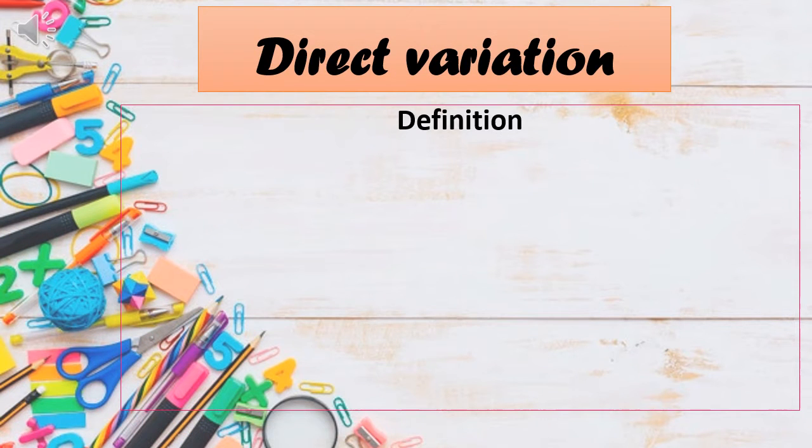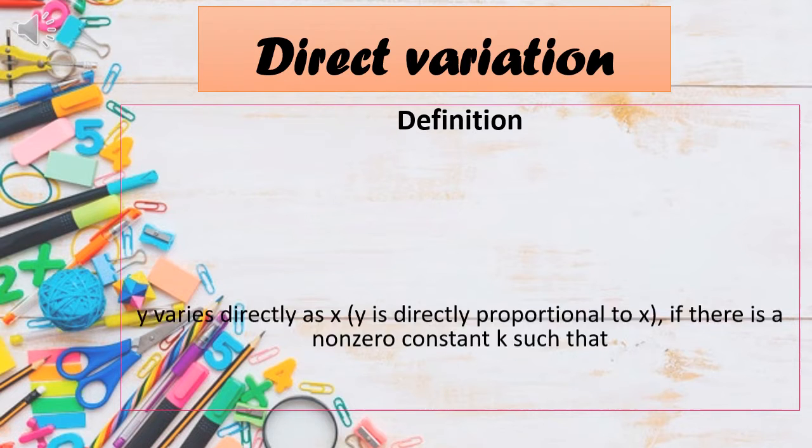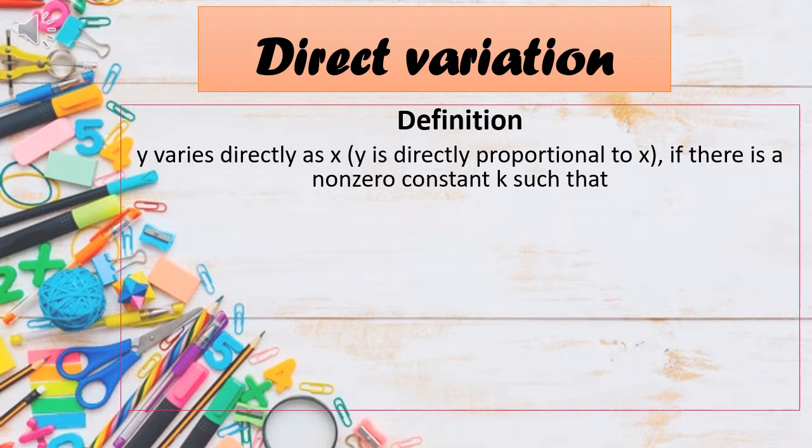So students, in the above example, we have seen that if one quantity increases, the other quantity increases in the same proportion. So let us see the definition of direct variation. The definition is: y varies directly as x, or y is directly proportional to x, if there is a non-zero constant k such that y is equal to kx, where k is not equal to 0.